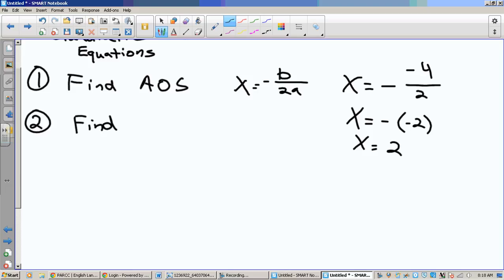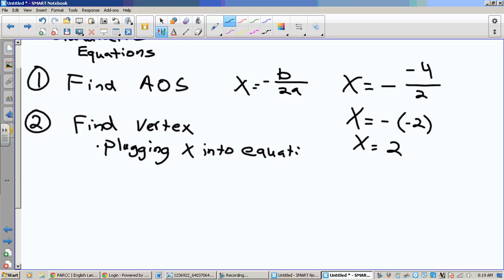So find the vertex, and we're doing it by plugging x into the equation to get our y value.